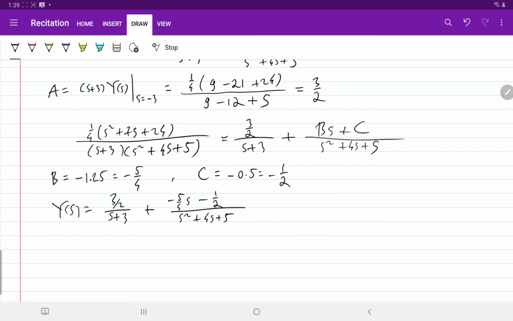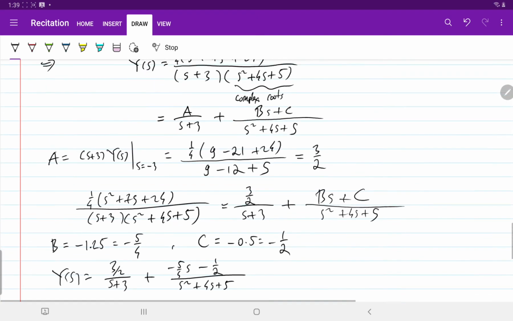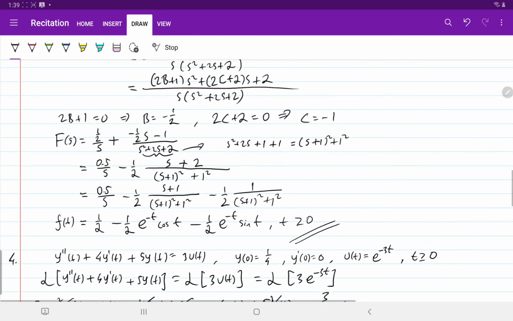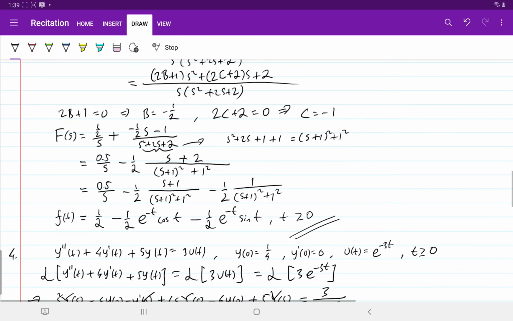Since we have another complex root, so this is a polynomial with complex roots, it is likely that the solution will involve cosine or sine multiplied by e to the power something t.